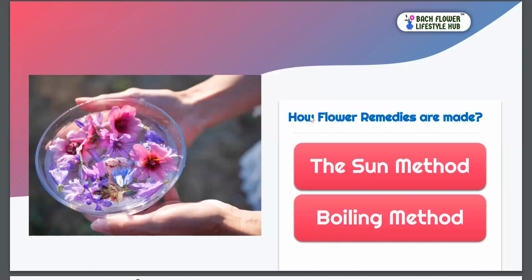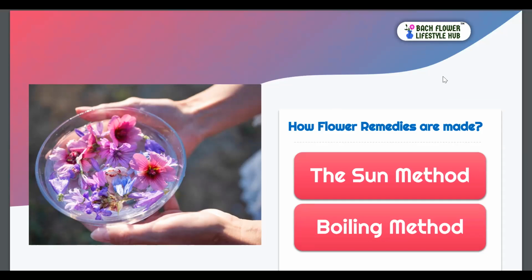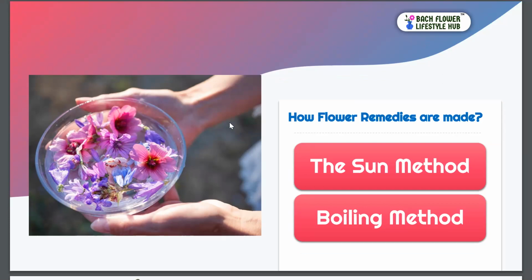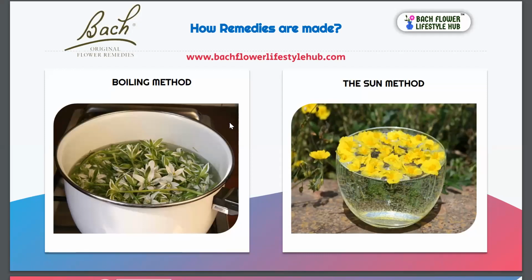Moving to the next slide, how these Bach flower remedies are actually made. Okay. So this is a very important aspect. When we talk about Bach flower remedies, there are two important methods by which they are prepared. The first is the sun method, which is very simple: the flowers are separated from the plants and put into a glass bowl, and some spring water is added to this bowl. The bowl is then exposed to the sun for 3 to 4 hours.